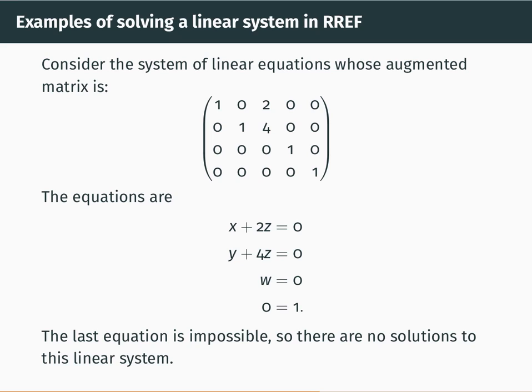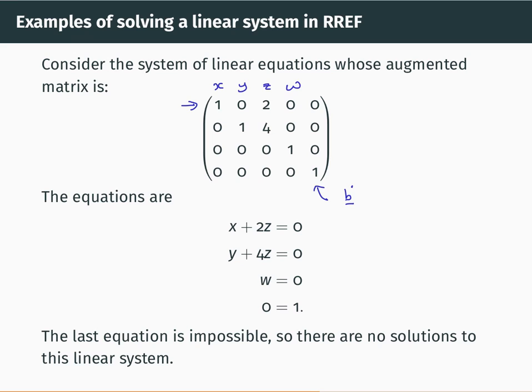So if the variables in this system were named x, y, z, and w, then the equations would say that, first of all, from row 1, x plus 2z is equal to 0. Remember, the last column is the vector of constants. So the first equation would say x plus 2z is equal to 0.